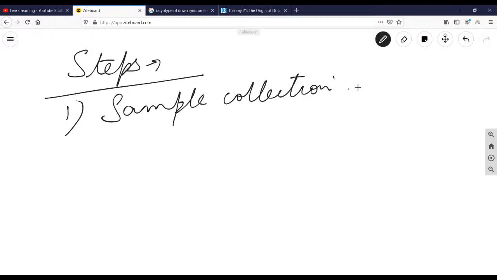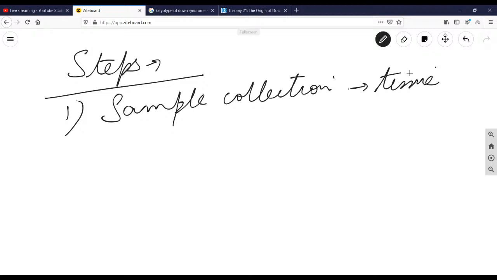Followed by tissue culture. Whatever tissue you have taken, liver tissue and all, you will commence to culture them using various media. RPMI media is taken, but that is not in your course.